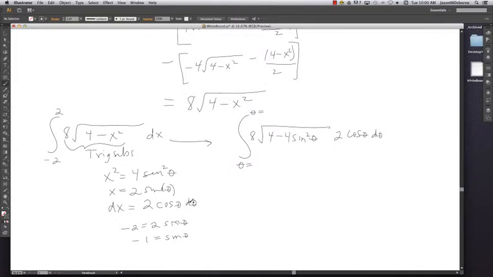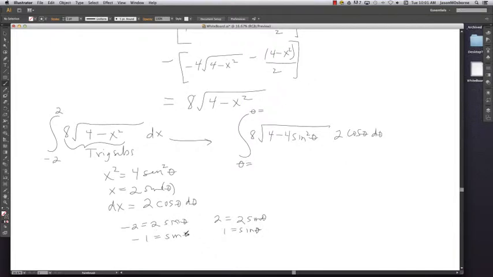Okay. And the other limit would be 2 is equal to 2 sine of theta, trying to find my theta limits. So when is the sine of theta -1? That would be at -pi/2. And when is the sine of theta 1? That would be at theta is equal to pi/2.